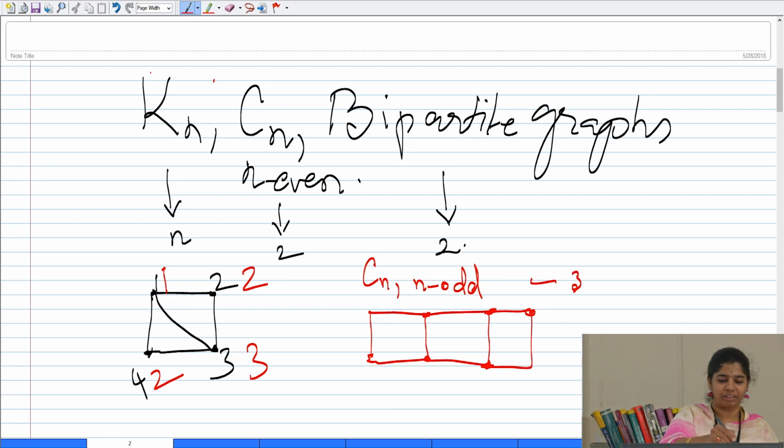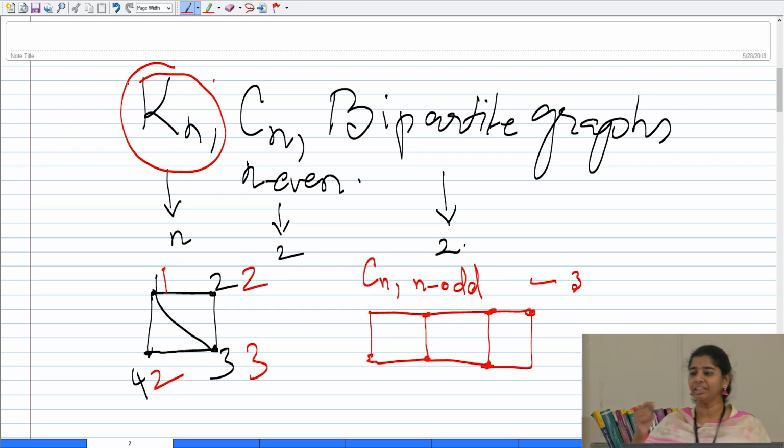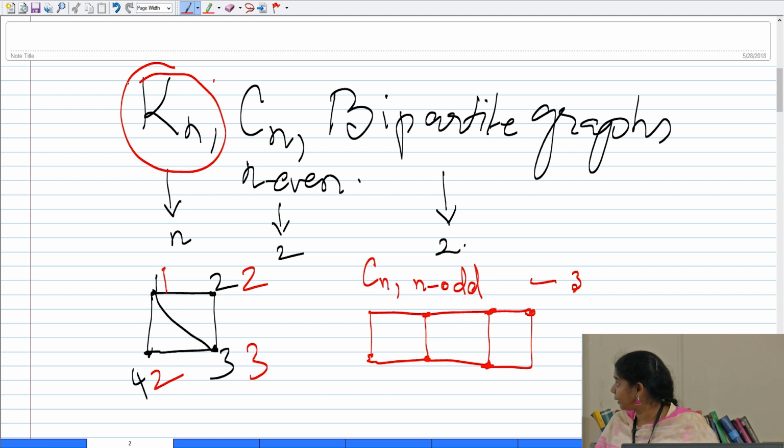And we have in fact one important class here, which is the complete graph. You require n colors, that is the minimum possible, because every vertex is going to be adjacent to every other vertex. So this is a global property. If I reduce this to a subgraph of a given graph and a similar property holds, then we can talk about it there also.